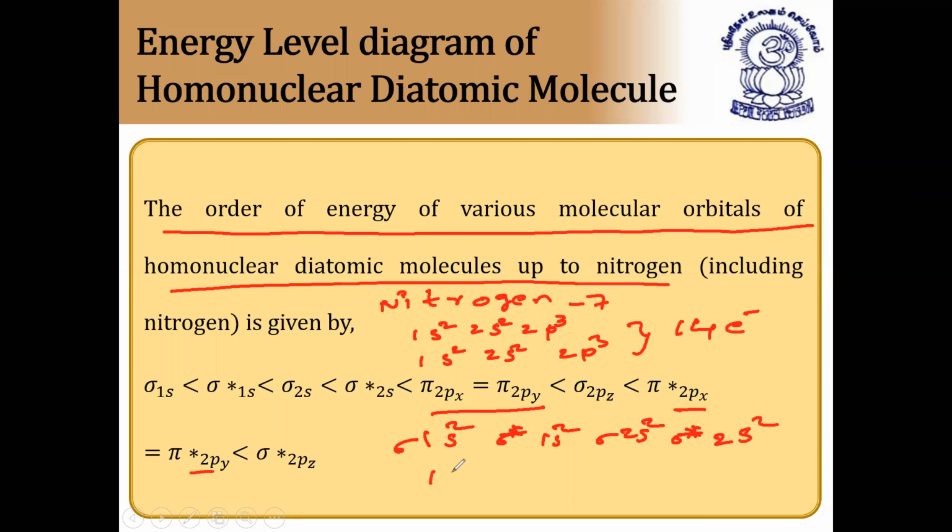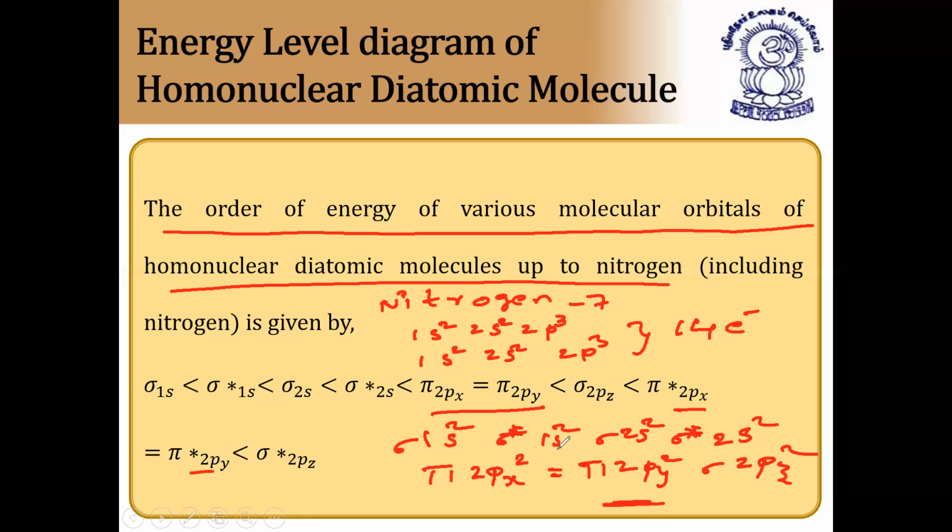And pi 2px2, how much is it total already? 2, 4, 6, 8. Pi 2px2 is equal to pi 2py2. So already till here it is up to 10. How many will be left over? 2, 4, 6, 8, 10, 12. 12 electrons are over. Next we have sigma 2pz, so total 14 electron configuration.